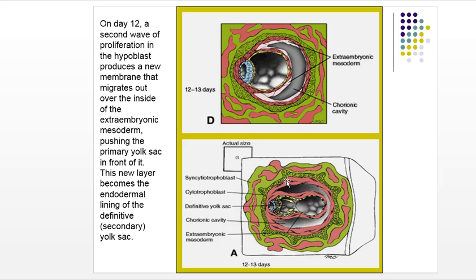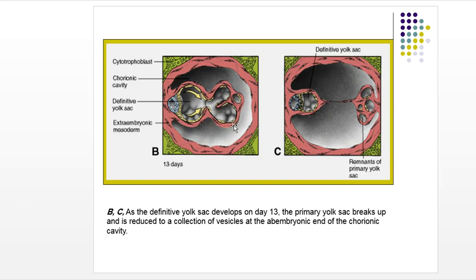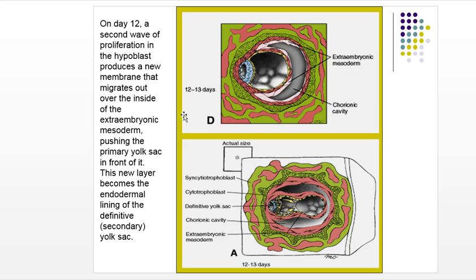And what about the next day, around 13 days? A new layer, as you can see here, is formed by hypoblast cells. It means that we have further proliferation in the hypoblast layer, and this hypoblast proliferation makes a new membrane.